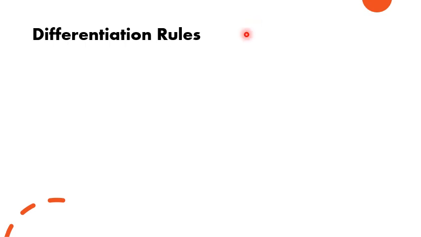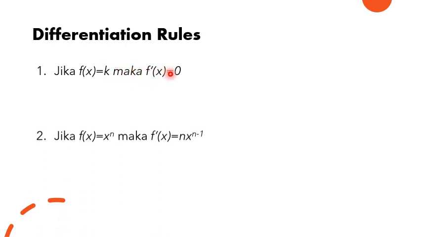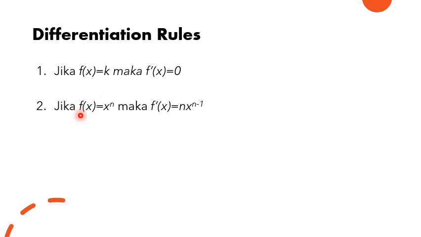First of all, if there is a function of k, where k is a constant, the first derivative will be 0. And if a function is x with exponent n, then the first derivative would be n times x to the power n minus 1.